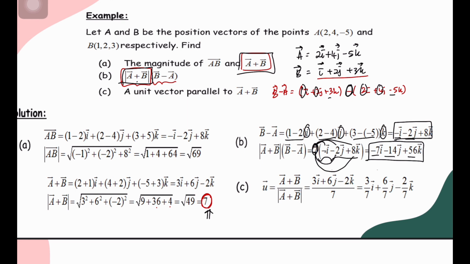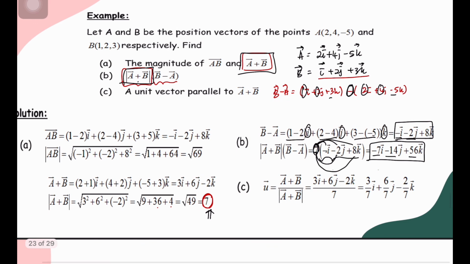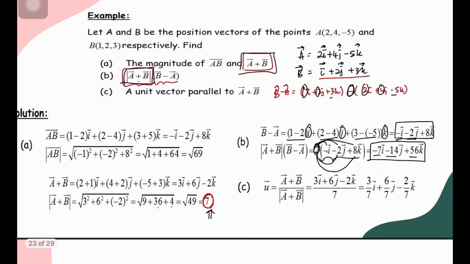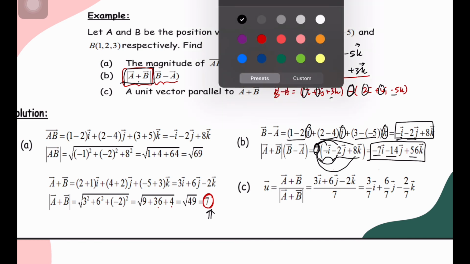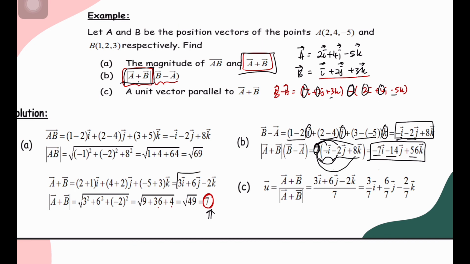Next, for question C, the question asks you to find the unit vector parallel to A plus B. So you need to find what A plus B is first. Just now you already found A plus B. You need to know that the unit vector is the vector itself divided by its magnitude.